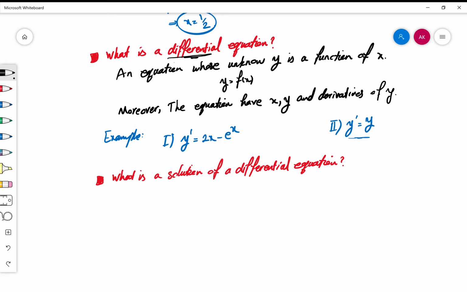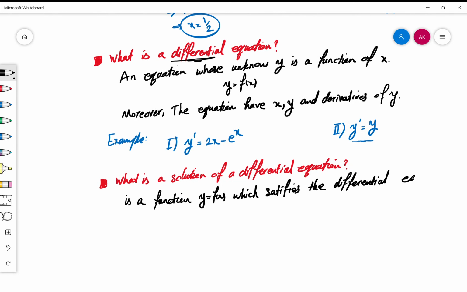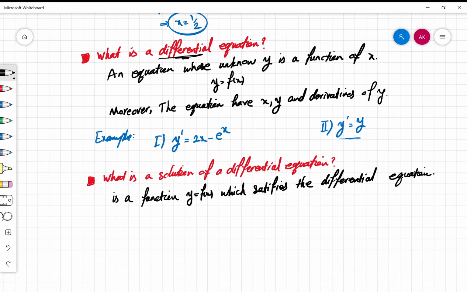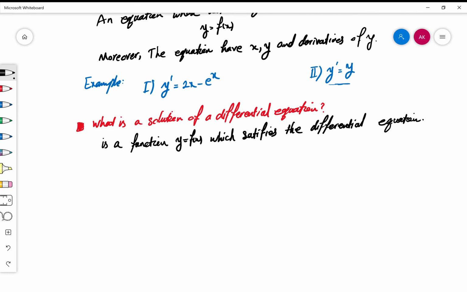So the solution is a function y equal to f of x which satisfies the differential equation. In other words, the differential equation basically gives you a relation between the function, its derivative, and the independent variable x, and a solution of that differential equation is a function which has the same relation.